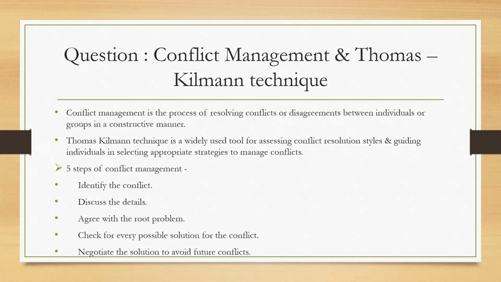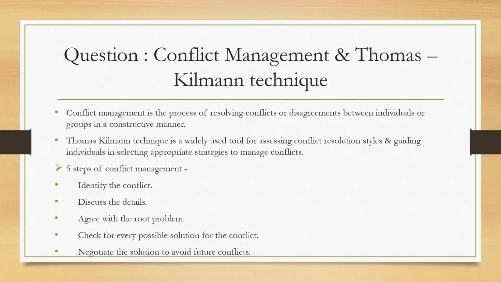And here we will use the Thomas Kilmann technique. It is a tool where we have a few things, such as assertiveness and one more thing. They will choose individuals or groups of people, and solve the conflict using the Thomas Kilmann technique.